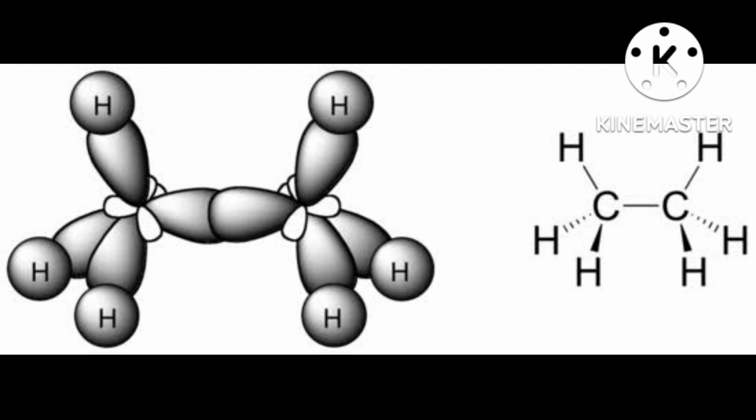The unhybridized orbital may be 2px or 2py, any one you can tell, any one is unhybridized. Correct? Now the role of the unhybridized orbital I am telling you. The unhybridized orbital of one carbon atom overlaps sidewise with the similar orbital of the other carbon atom to form a pi bond.